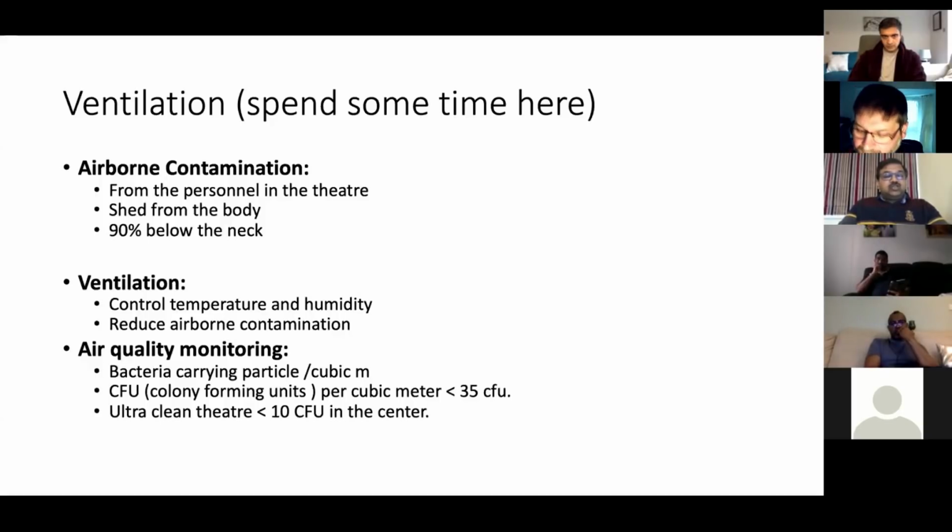The ventilation is responsible for controlling the temperature, the humidity, and the level of airborne contamination. It is in the guidelines to do air quality monitoring. In cases of ultra clean theater, it should be done at least every 3 months.